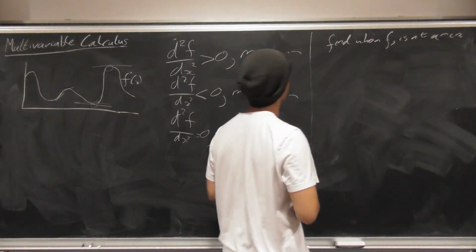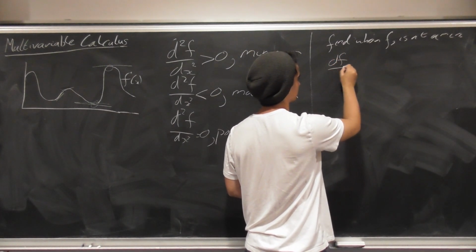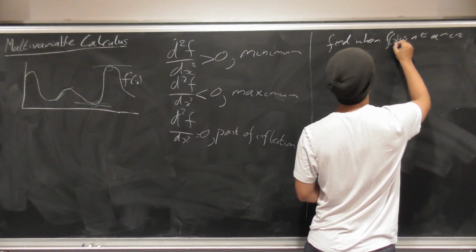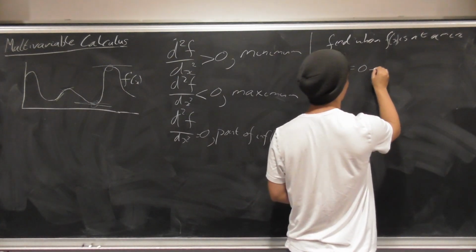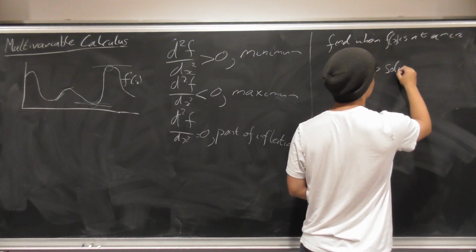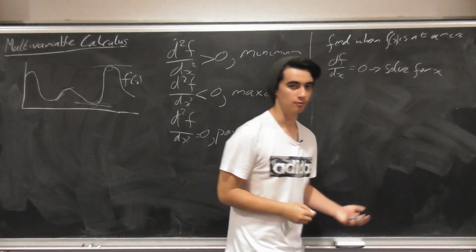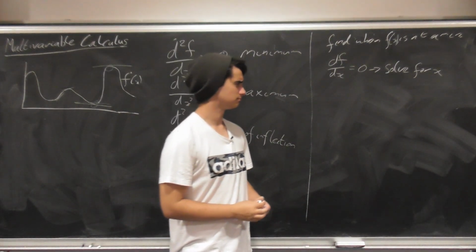I've just shorthanded minimum. So we take the derivative of f with respect to x, set this equal to 0, and then solve for x. This should give you a number of x values depending on what function you're originally given.